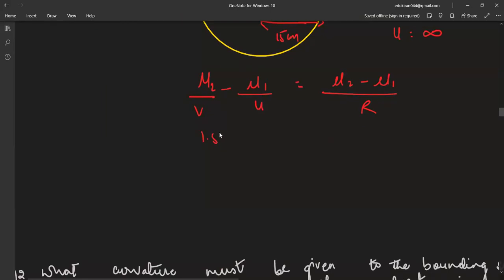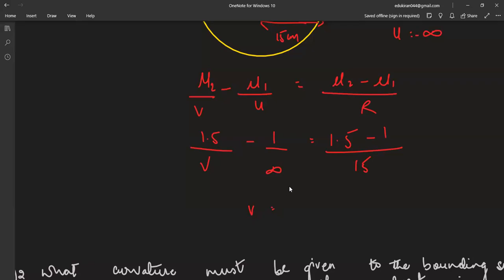This is 1.5 by V minus 1 by U, and U was infinity. Though you have to put a minus sign also, there is no significance of it. It would be negative. This is equal to 1.5 minus 1 by the radius of curvature, which is 15. So from here, what will the image be?